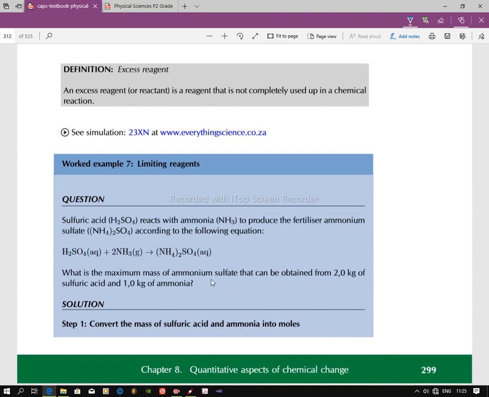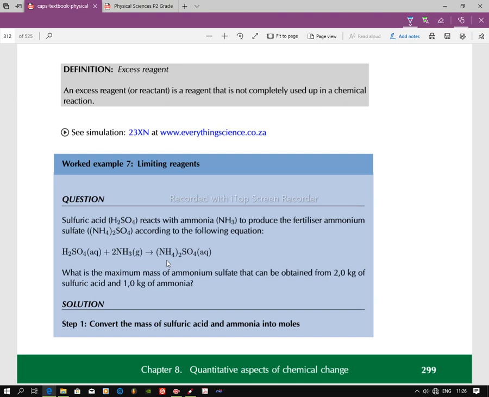Okay, so here's the question. It says sulfuric acid reacts with ammonia to produce the fertilizer ammonium sulfate according to the following equation, and then we are given that equation.